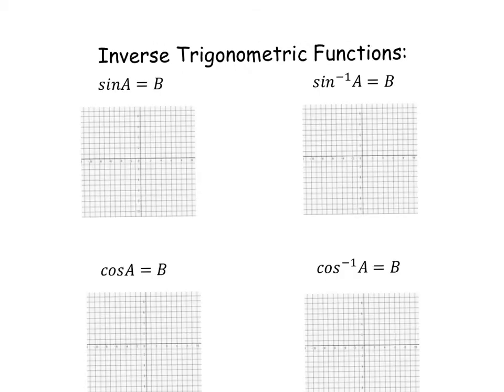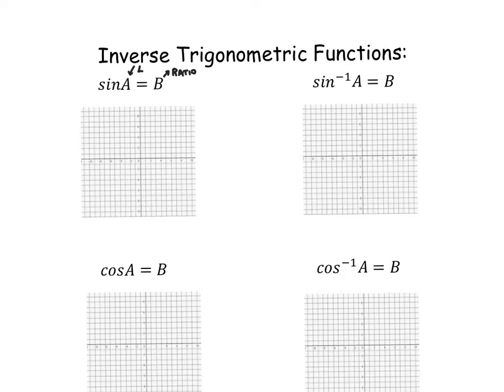Okay, so I'm going to get started here talking about sine and inverse sine. First let's talk some basics. The sine function's input, in this case A, is going to be an angle, and its output B will be a ratio. The input into sine is an angle, it's not an L, it's an angle symbol, and the output is a ratio.